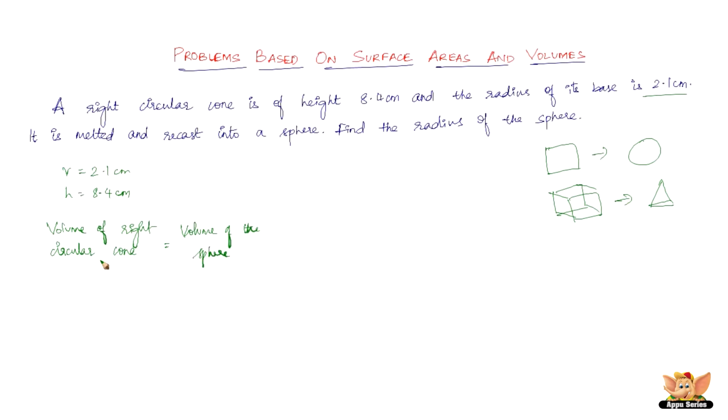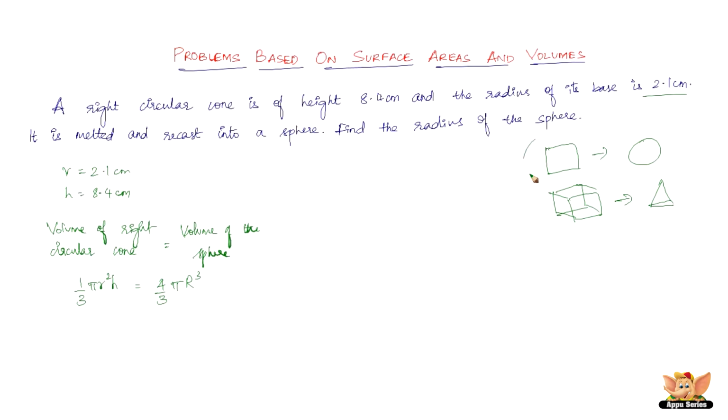The volume of the right circular cone is 1 by 3 pi r square h, and the volume of the sphere is 4 by 3 pi R cube. Now notice that this radius is not equal to this radius, so that's why I've written a smaller r here and a capital R here. The volumes are equal because the same amount of material is used to make the sphere from the cone.